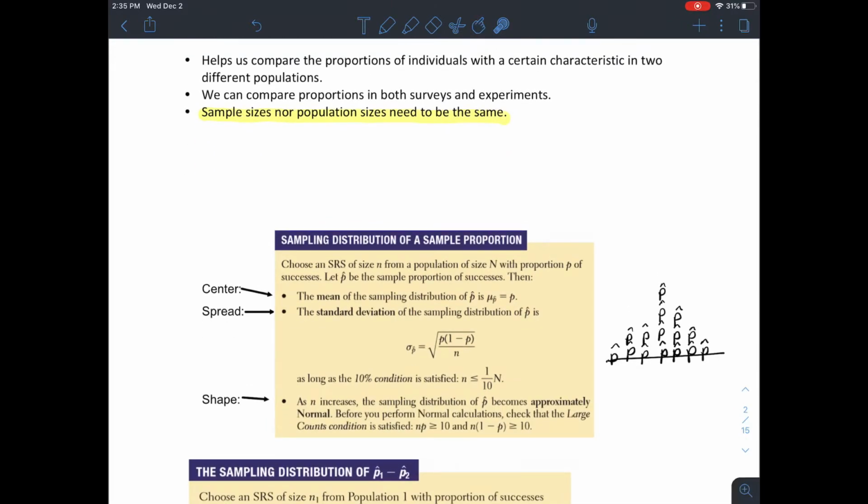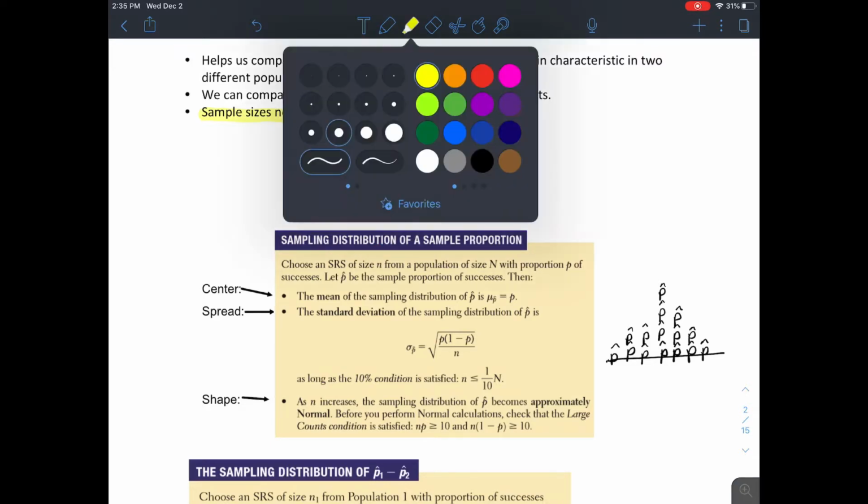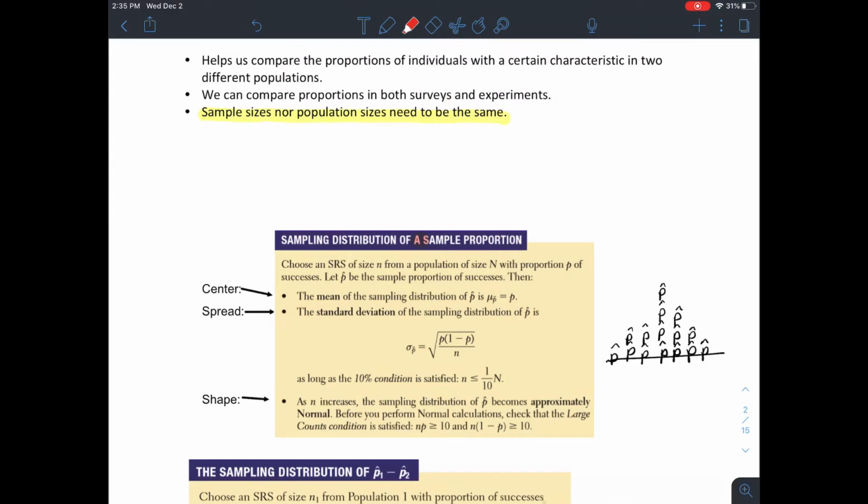Okay, so let's start with something that looks familiar. In chapter 7, we were first introduced to the notion of a sampling distribution, and notice this is for a single sample proportion. So this is assuming that we're reaching into just one population, pulling out a simple random sample of size n, and calculating a p-hat, usually a proportion for a categorical variable.